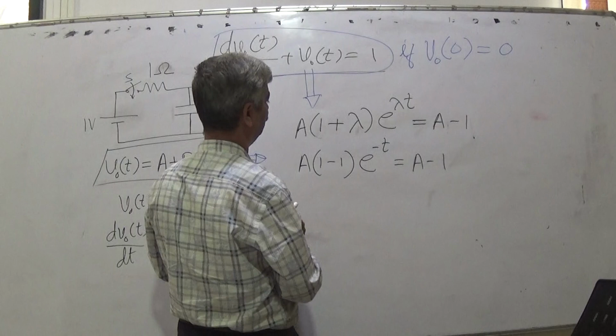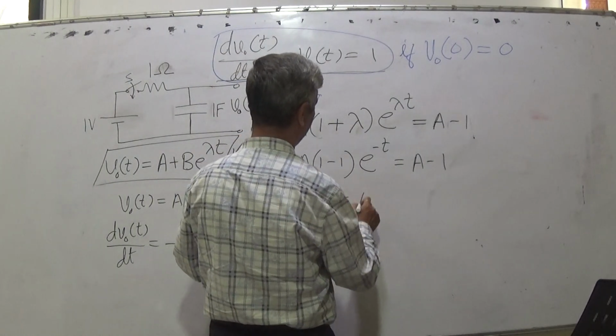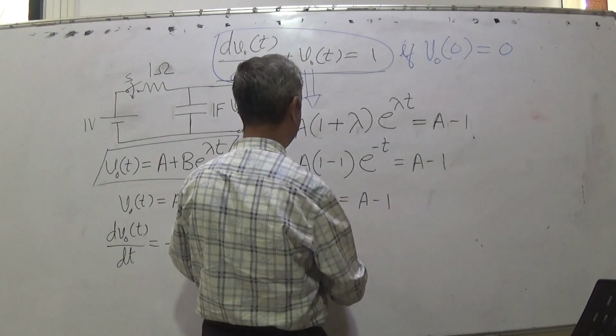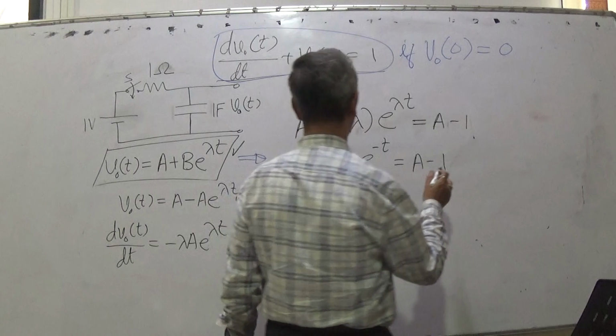So this is 0. So 0 is equal to a minus 1, which gives me a equal to 1.